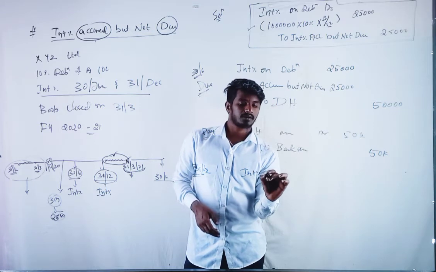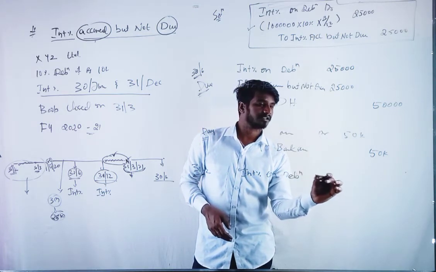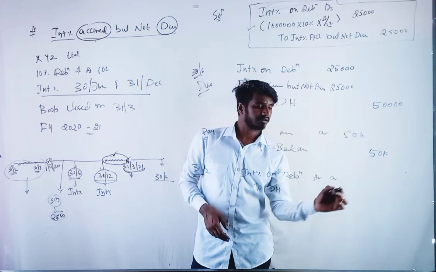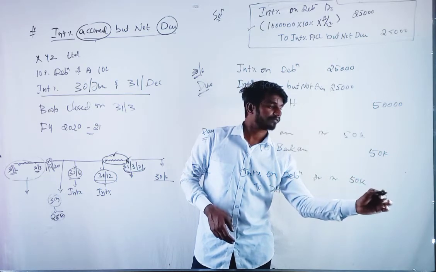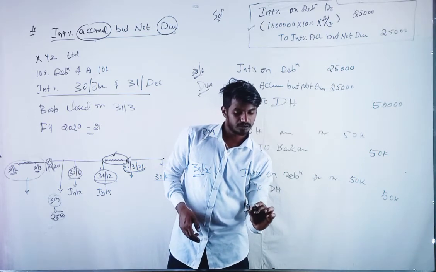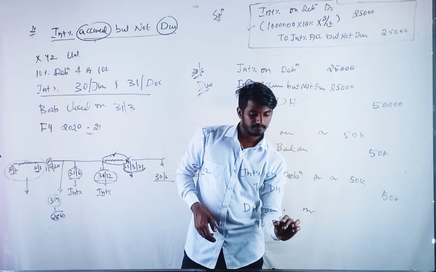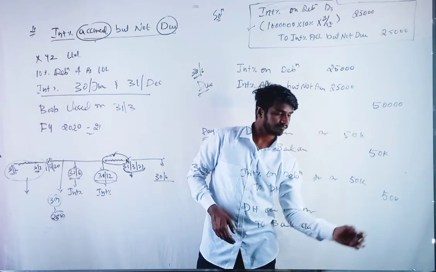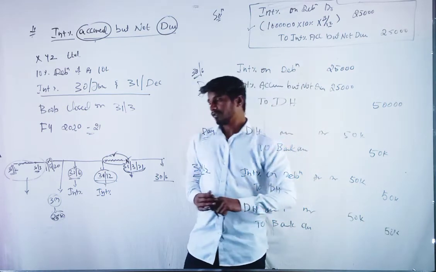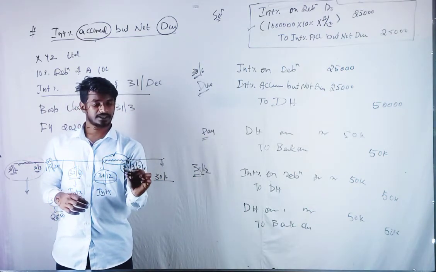Interest on debenture account debit to debenture holder, 50,000, because it is for 6 months, right? Debenture holder account debit to bank account, 50,000. Take this down.